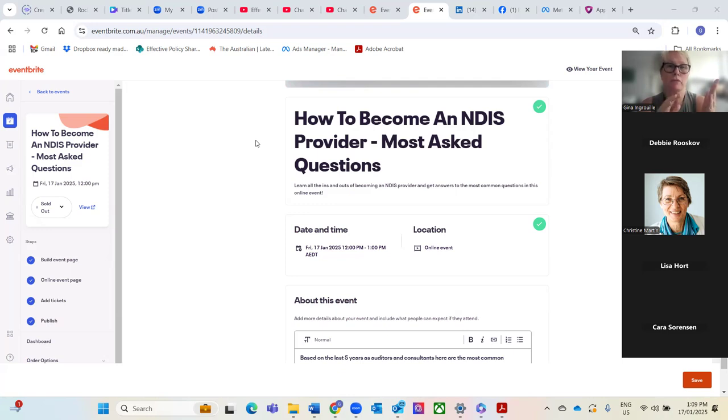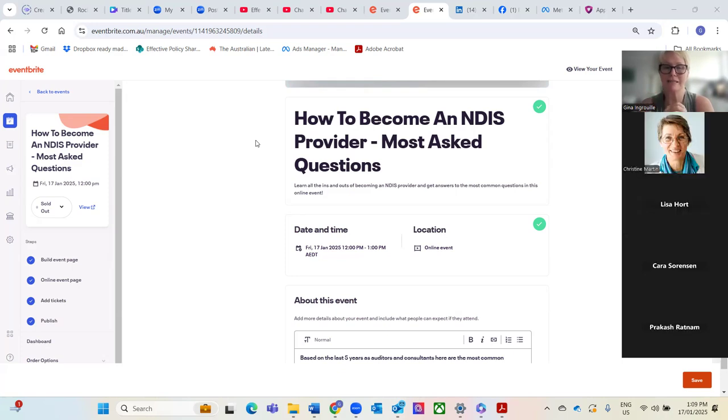Well, funding is held in a couple of ways. One, the NDIS may hold it, and that's called agency managed, and you can only work with that person whose funding is held that way if you're a registered provider. Two, there are plan managers. They're called intermediaries.